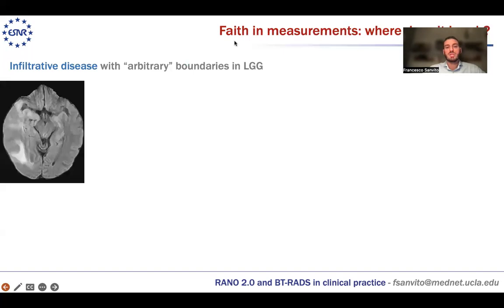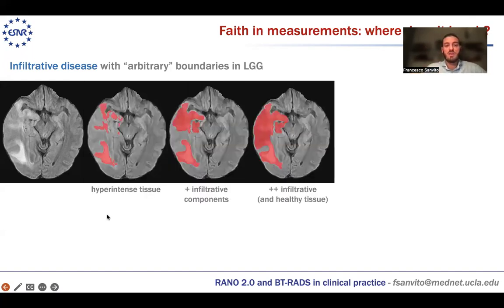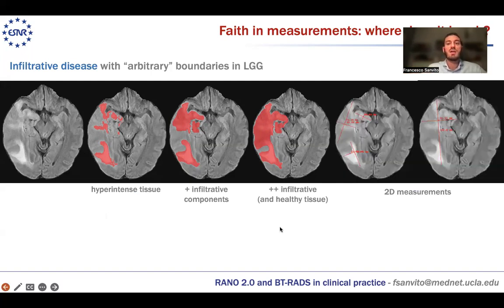Lastly, I do want to say sometimes my faith in the measurements kind of breaks. And my favorite example is infiltrative disease. Even if you're segmenting, it's kind of approximate to define what is tumor and what is not in cases of highly infiltrative disease. Possibly in the future, there's going to be more and more AI segmentations. And even though approximate, maybe they're very consistent and you can clearly track over time if the tumor is growing or not, even if the segmentations are approximated.